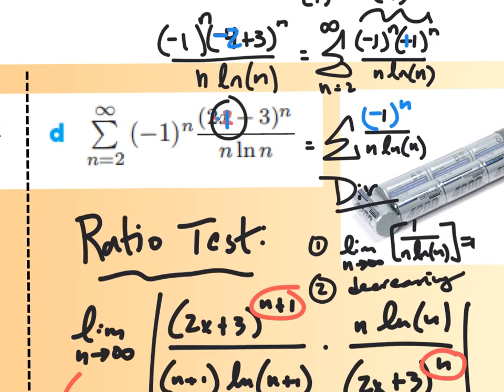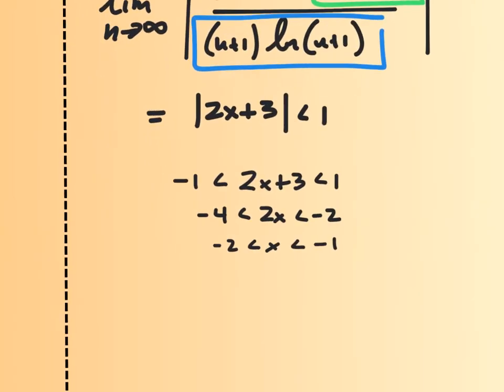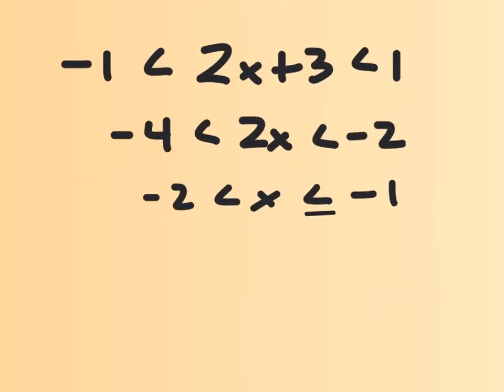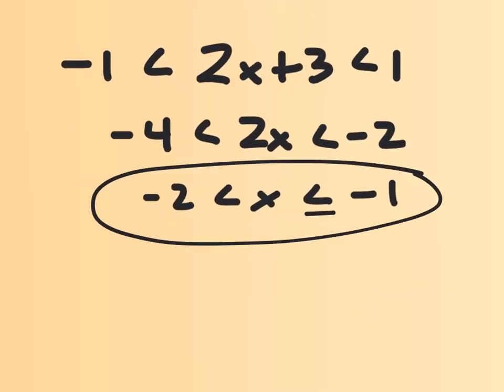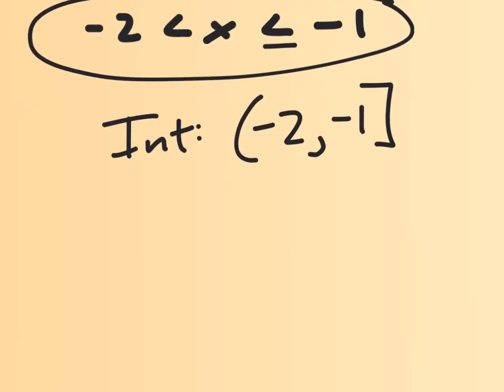Therefore, by the alternating series test, this end of the interval would be convergent, and that would be our interval of convergence. Now think about this for a minute. Here's my interval of convergence from negative 2 up to negative 1. That is a length of 1 unit total, so our radius of convergence would be 1/2.